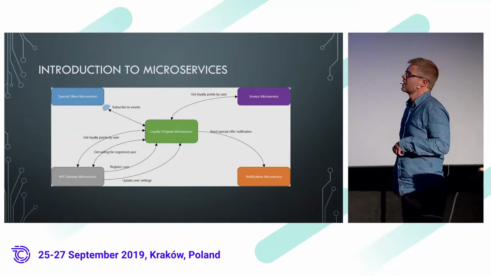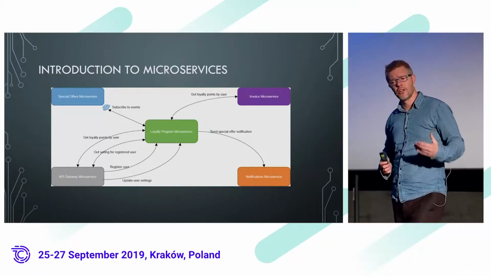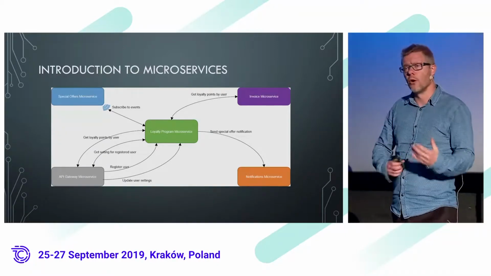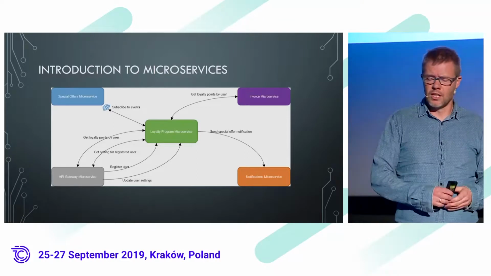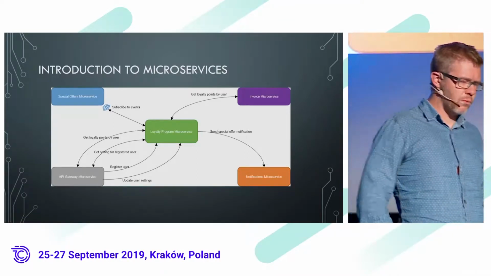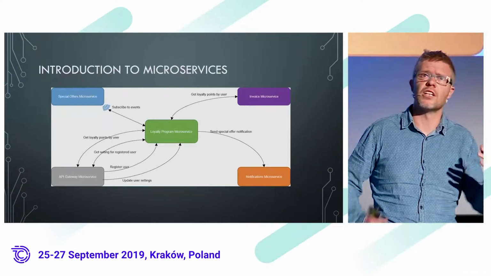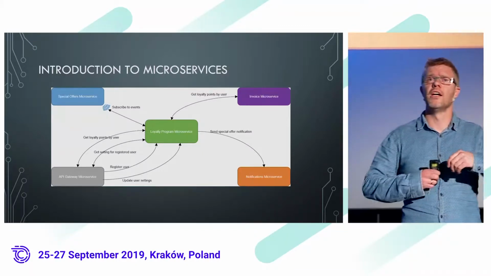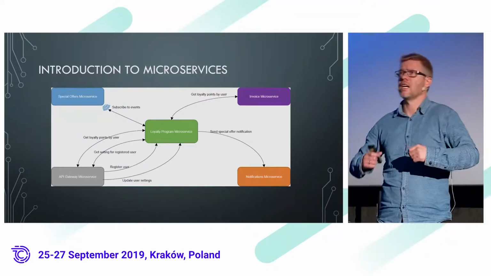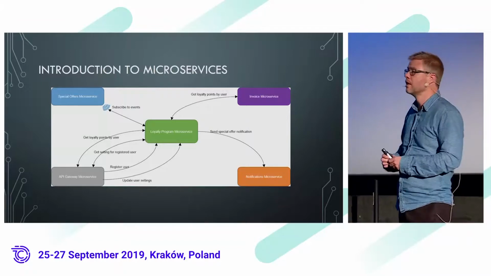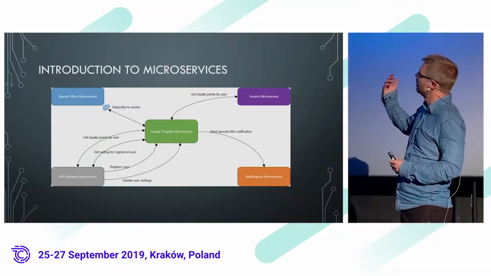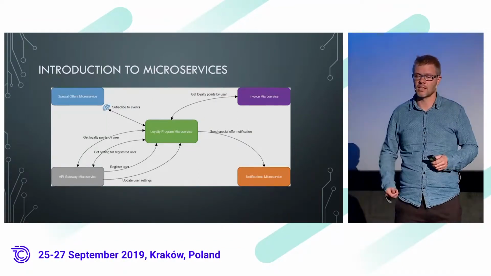Let's look at a small example just to get started, and we'll use this example some more throughout the presentation. If we imagine that we were building, let's say, a backend system for a chain of shops, it could be like 7-Eleven or something, they might have a loyalty program, the green thing in the middle there.